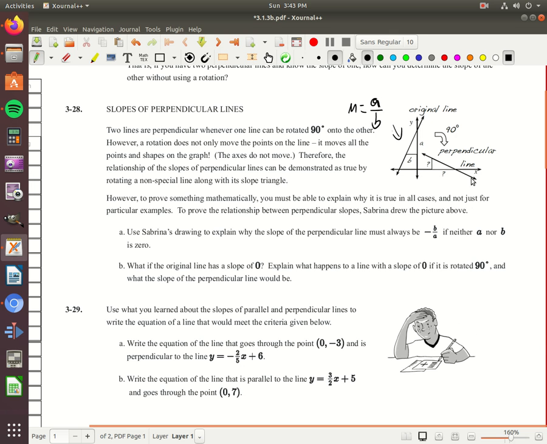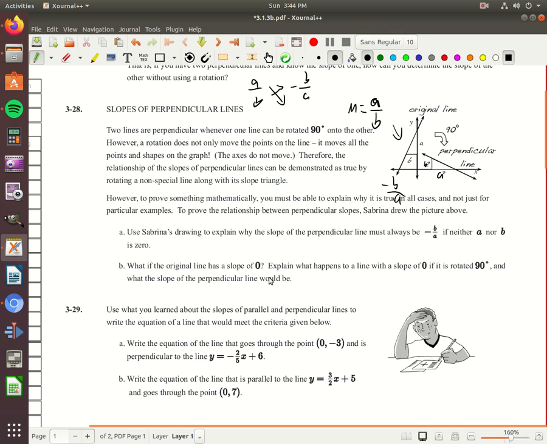And I hope you could see on this one, if we do a 90-degree rotation, it makes sense that our rise now is a negative B and our run is A. This would be B, A. I'm going down B and over A. So there you go. There's our negative reciprocals.